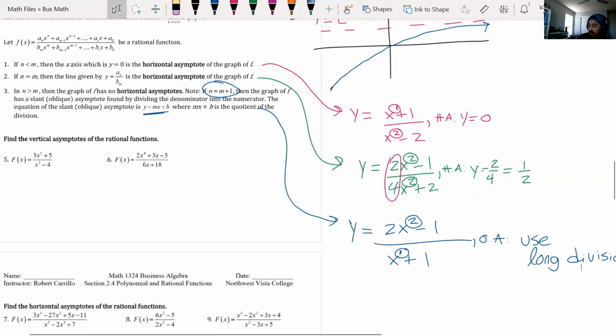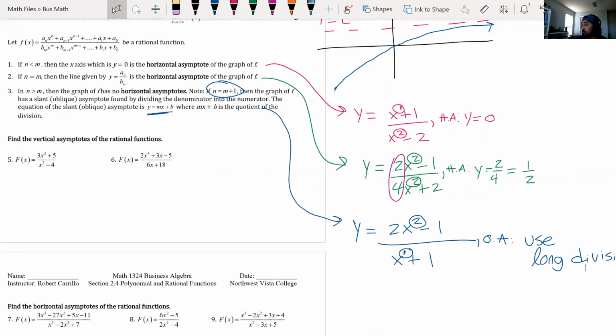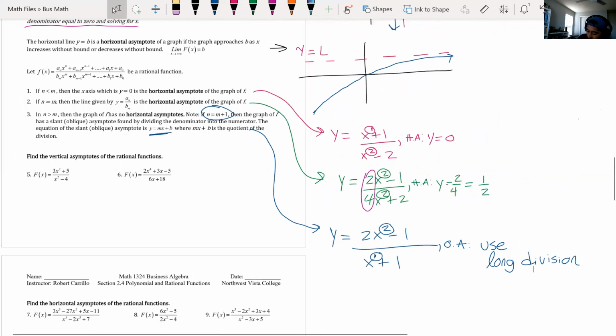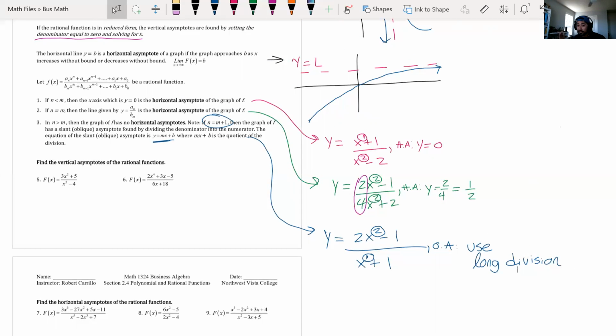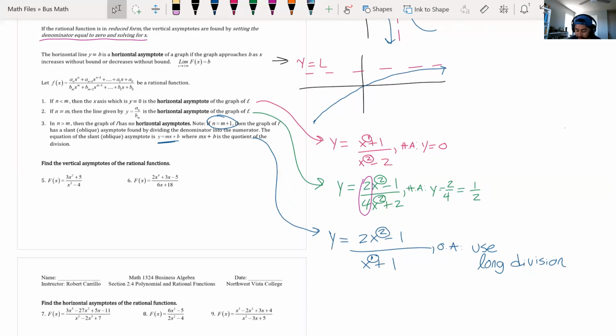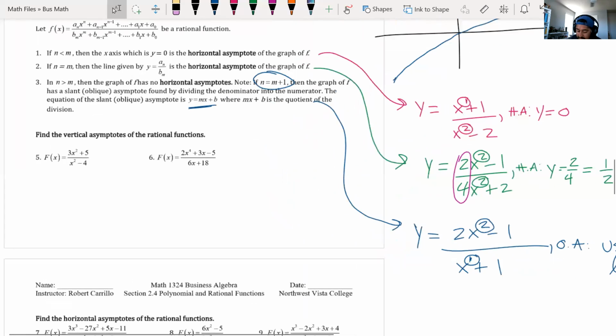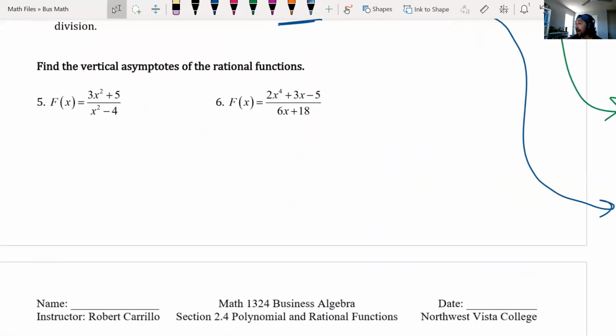But I wouldn't worry yourself with those. We're not going to do long division in this class. Okay, those are the 3 rules for horizontal asymptotes. They are quite simple to remember, but you get to use your notes on the test anyway, so you'll be fine. Okay. So the first example below says find the vertical asymptotes of the rational functions.